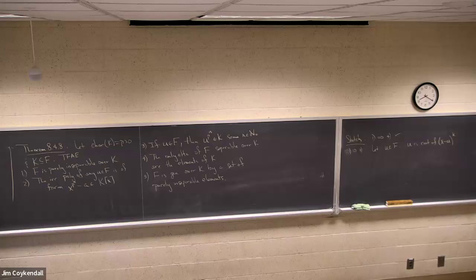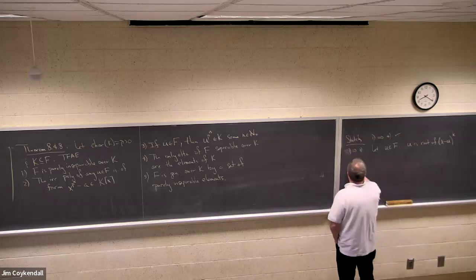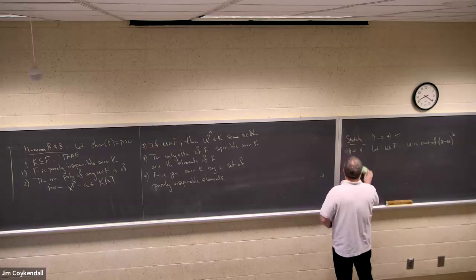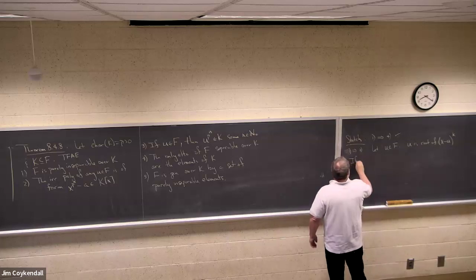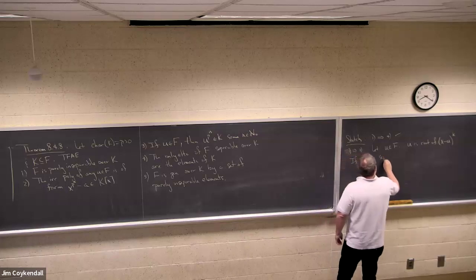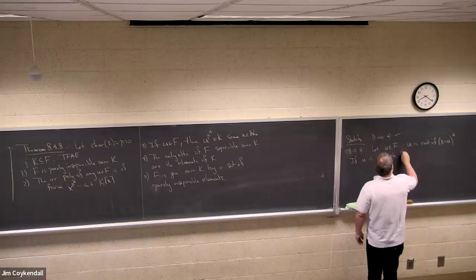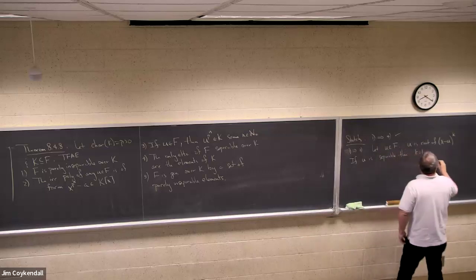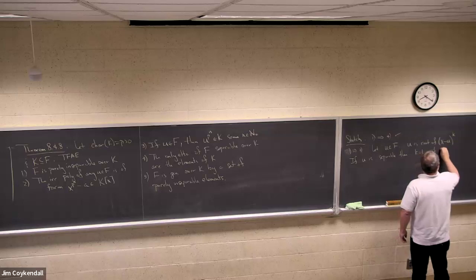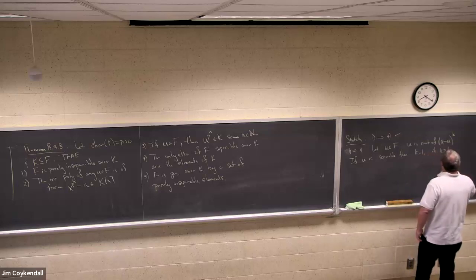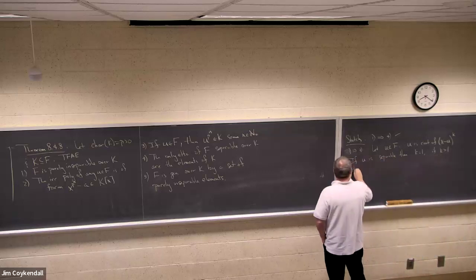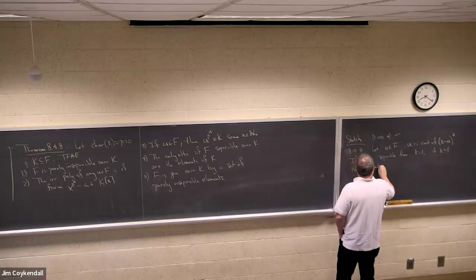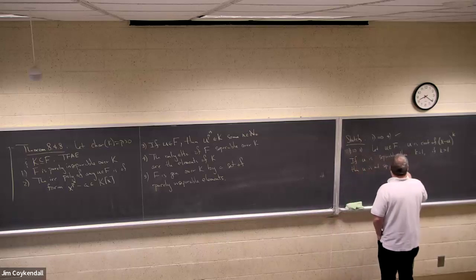What's that? The derivative of the polynomial must be 0. Okay. So notice, if u is separable, then the exponent equals 1, and if it's bigger than one, then u is not separable.